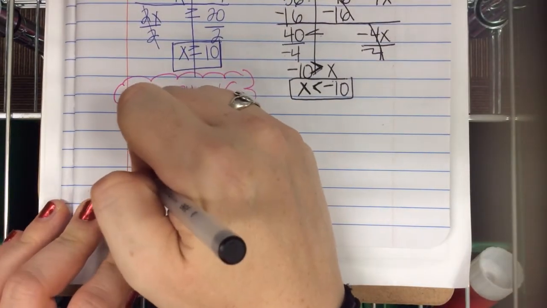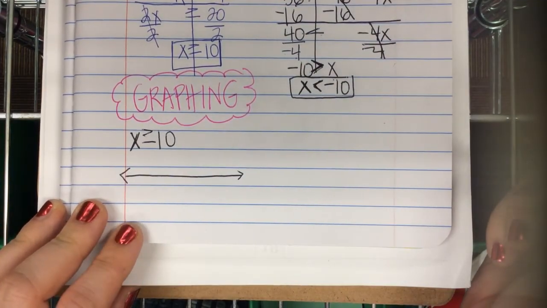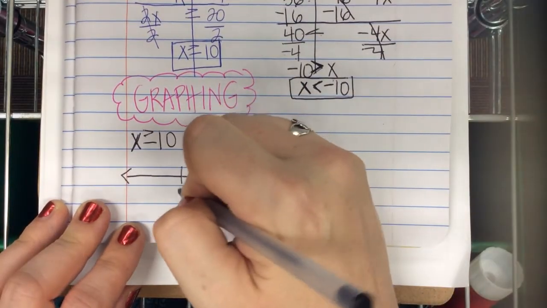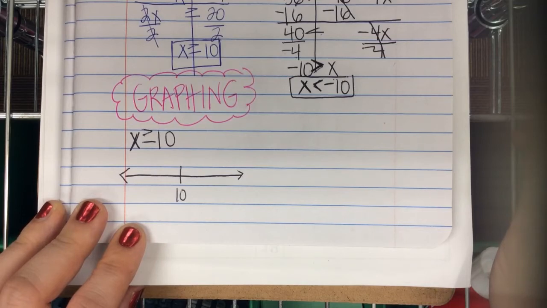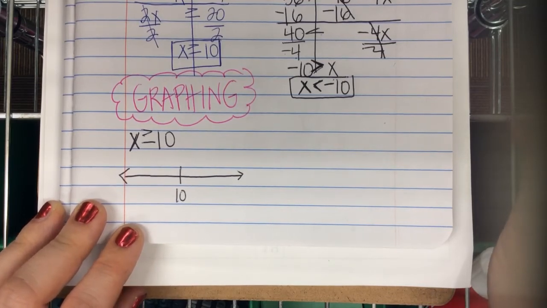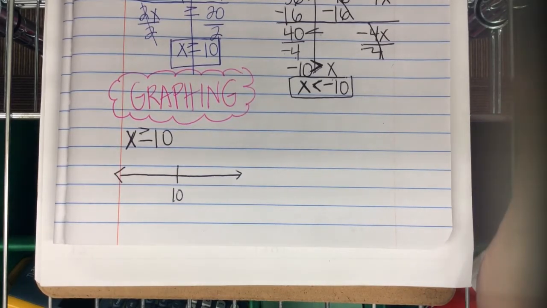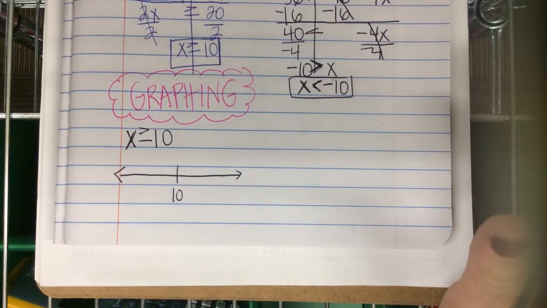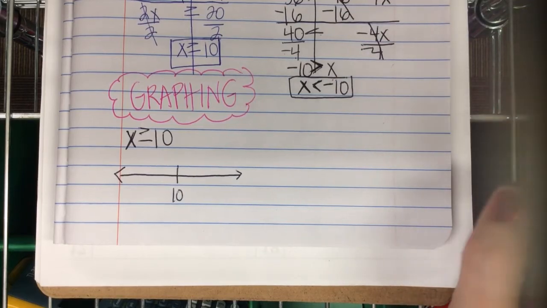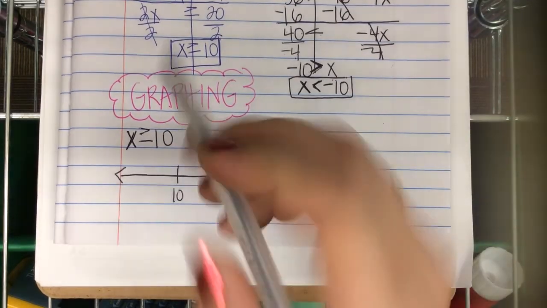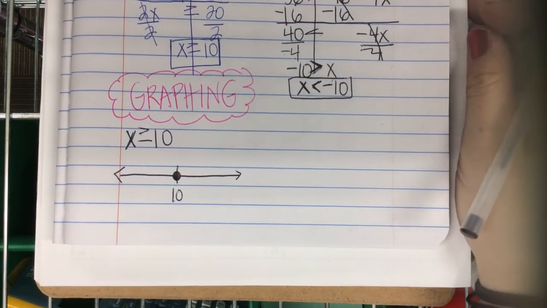So here's how I show that on a graph. You draw a number line, and my answer of 10 goes in the middle. Because 10's my answer. I know you learned at some point from somebody somewhere that a number line should always have 0 on it somewhere. Right now, that's not what we're looking for. Could the answer be equal to 10? Yes, so I'm going to put a dot at 10. Could it be 10.1? Yes.